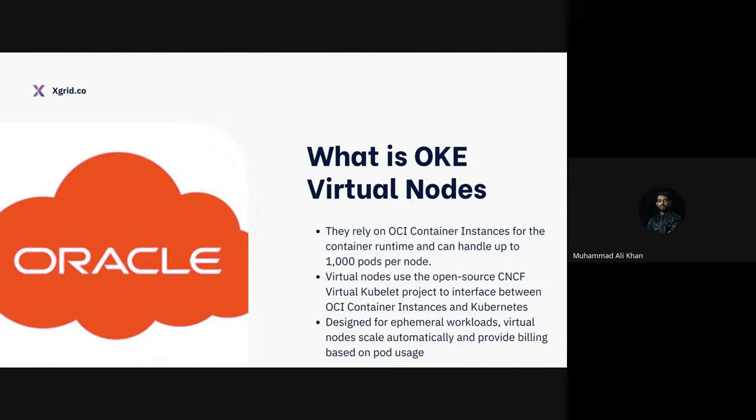Virtual nodes in OKE mainly work on the concept of a CNCF project, which is called virtual kubelet. So what is virtual kubelet?